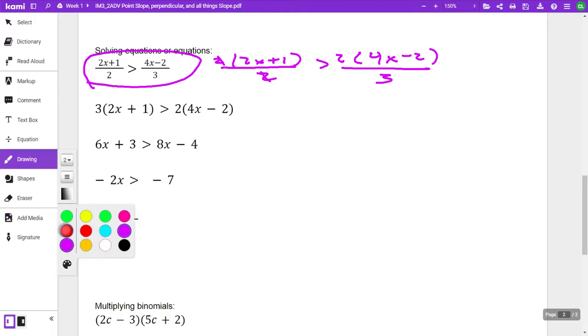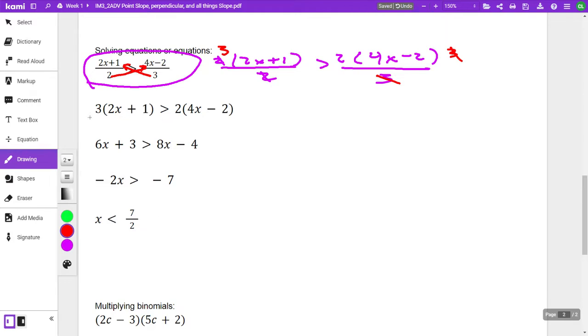Then if I multiply both sides by 3, these 3's cancel. So I'm left with 3 times 2x plus 1 and 2 times 4x minus 2. Technically it's cross multiplying: I multiply 3 times that, and 2 times 4x minus 2.